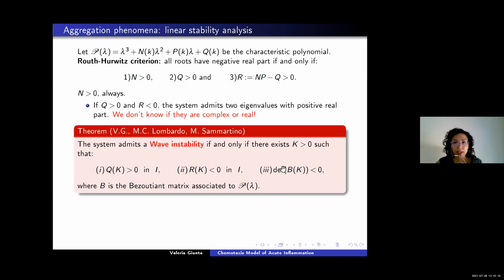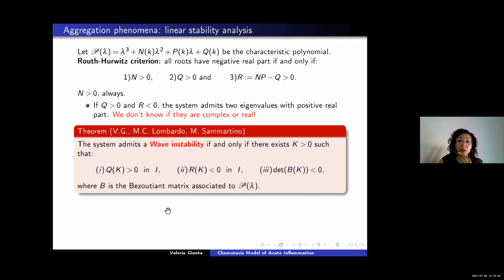This condition ensures that the system admits a pair of complex eigenvalues. So, in this case, we are sure that the system admits a wave instability. The definition of the Bezoutian matrix can be easily found in several algebra books.